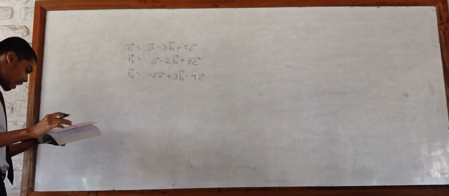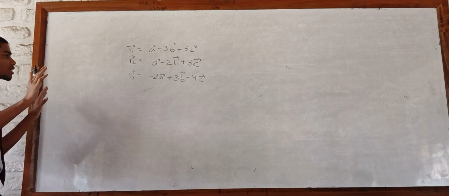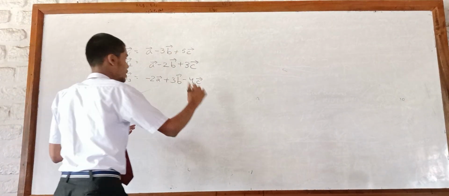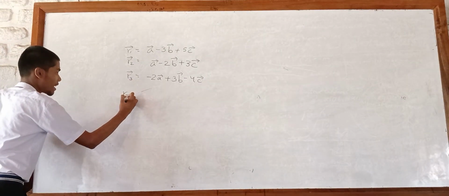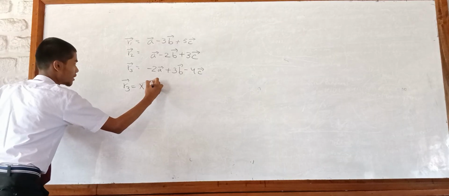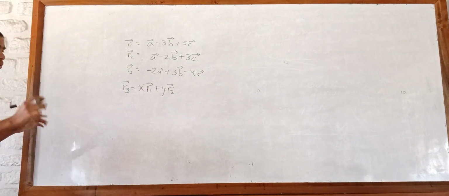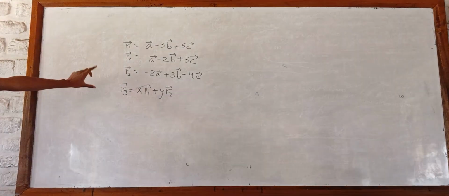We are asked to prove that these three vectors are coplanar. So we're just going to assume that yes, indeed these three vectors are coplanar. So using our previously stated statement, we can write R3 vector equals x times R1 vector plus y times R2 vector. All we need to do is find x and y so that this relation is valid.